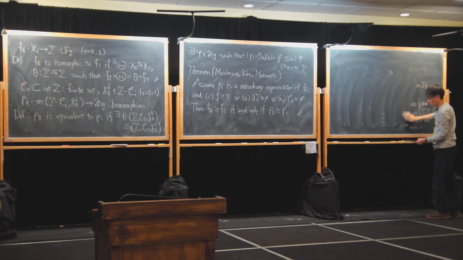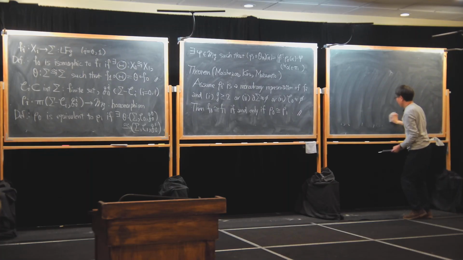Next, I'd like to explain how the monodromy factorization changes if you change a Hurwitz system.